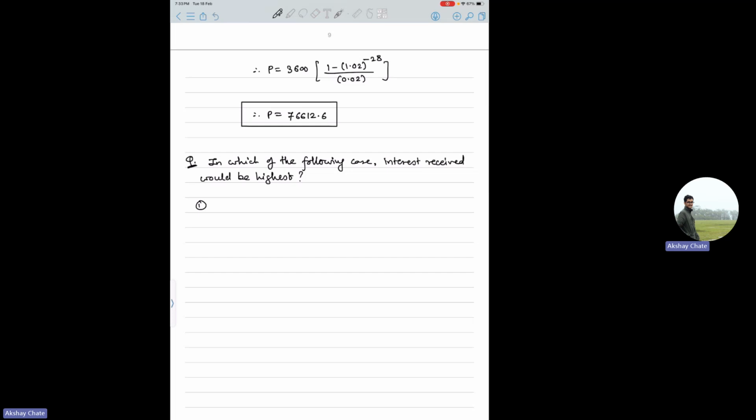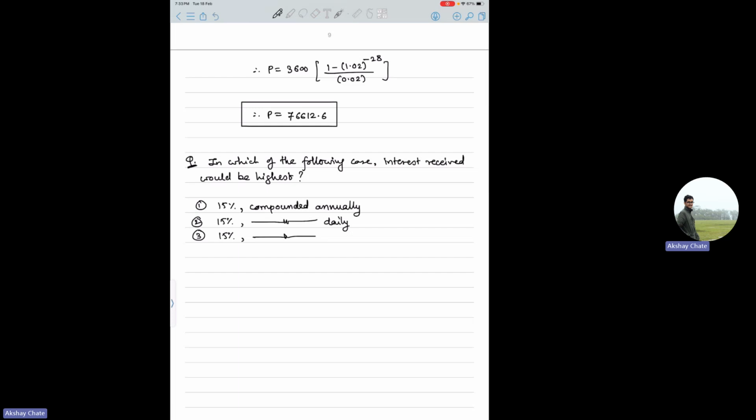Let's say 15% compounded annually. Then the second option would be something like 15% compounded daily, and I can change this 15% also, but I'm not doing it for the sake of ease of understanding.